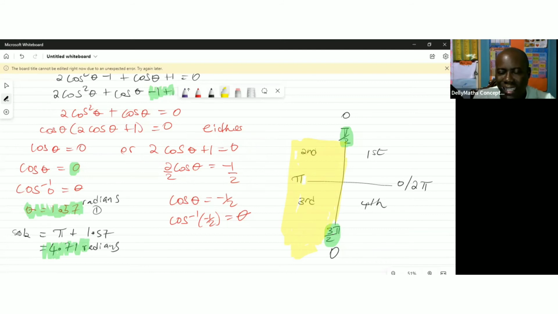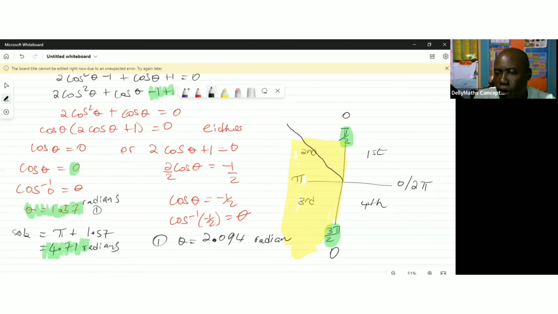Let us see what's going on. If we go inverse cos of -0.5, we're going to get that theta is equal to 2.094 radians. So this is one of the solutions, which is somewhere here in that quadrant.